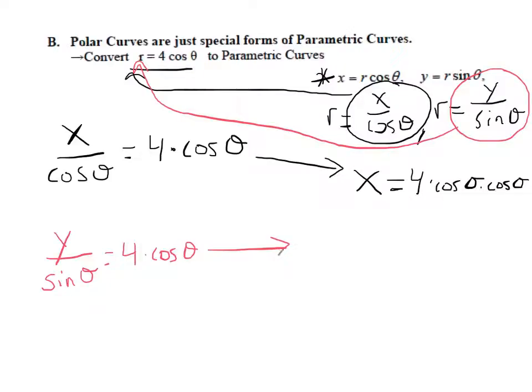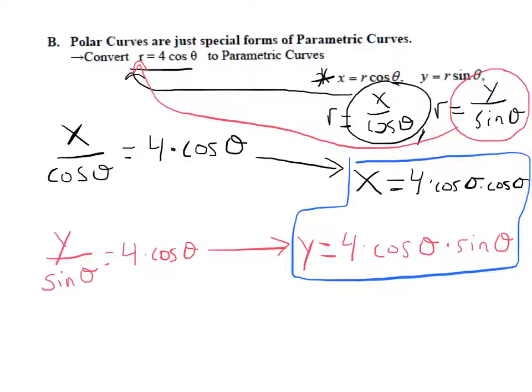Again, my goal is to solve for y, so I multiply both sides by sine this time, and I get y equals 4 times cosine of theta times sine of theta. Now I have two different equations, one for x, one for y, involving a third variable. In this case it's theta, and I'll show you in class how this original equation really does match up with the parametric equations we just found.